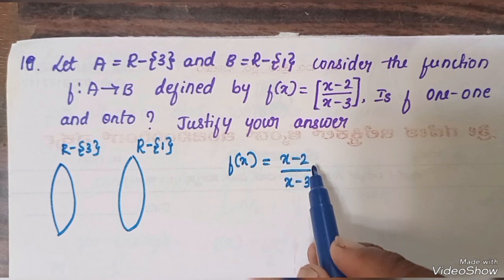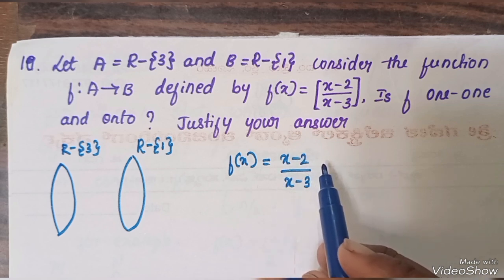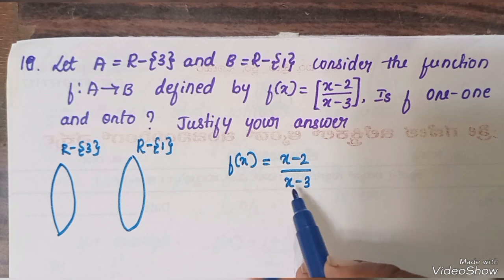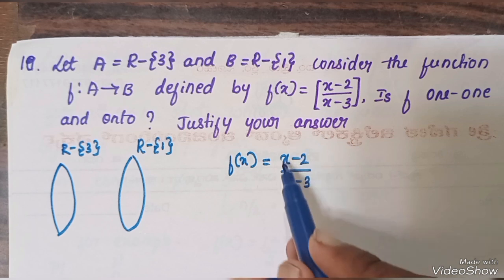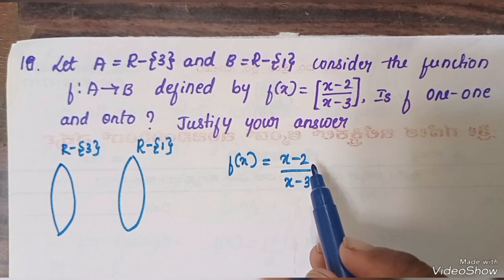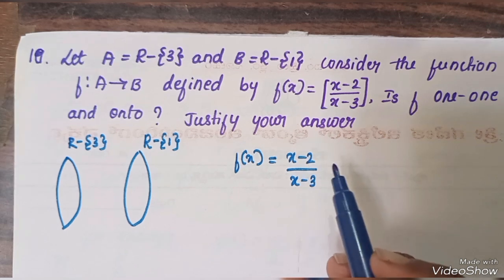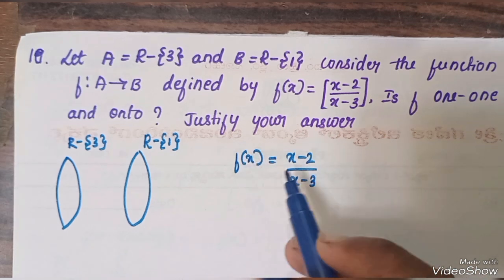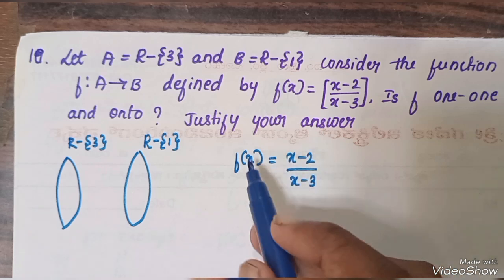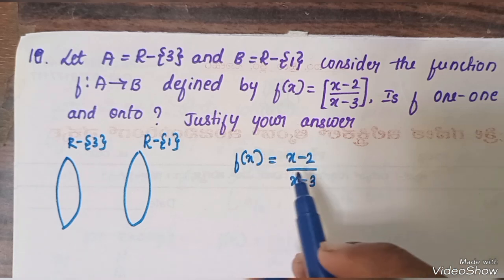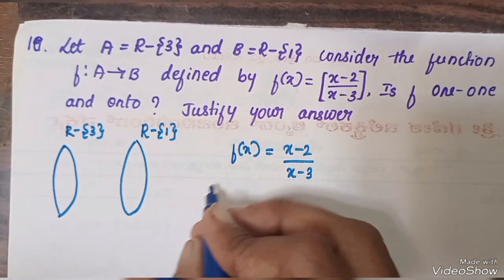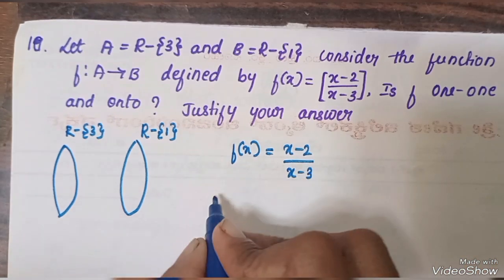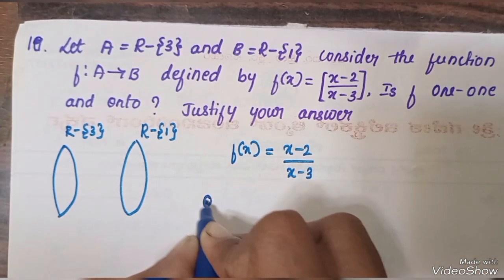So R minus 3 means we get the result for values other than 3. When we substitute x as 3, we can't get any result and can't define the function. That's why they gave R minus 3. Now check the condition for one-one.